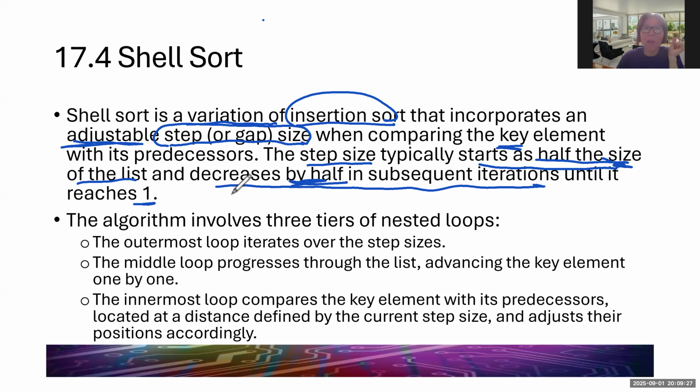Okay. And because of this, the algorithm involves three tiers of nested loops. The outermost loop iterates over the step size. The step size starts at half of the list size and decrements by half each time until its size is one.